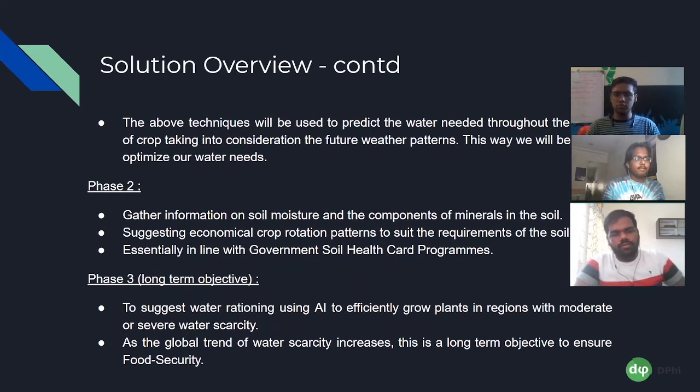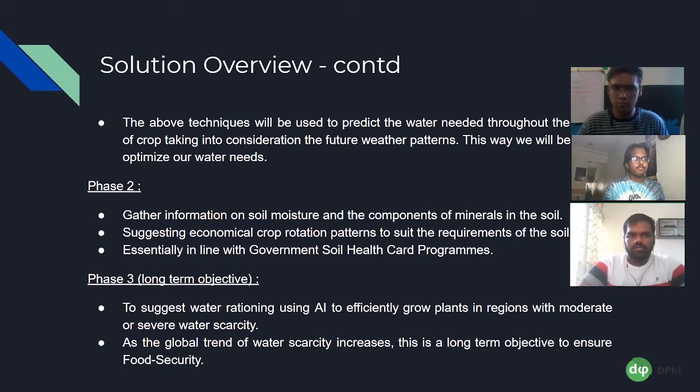So in phase two, as Nihal has mentioned, in phase one we concentrate on the satellite imagery and other patterns, and predict what water should be used and how much water should be used. So in this phase two, we plan to make it very localized. That means we are actually keeping sensors in the farmland and acquiring different kinds of data.